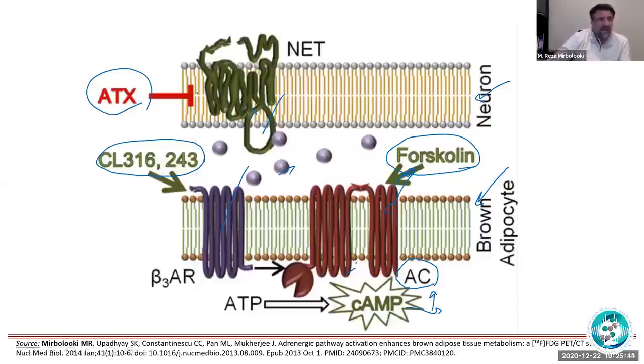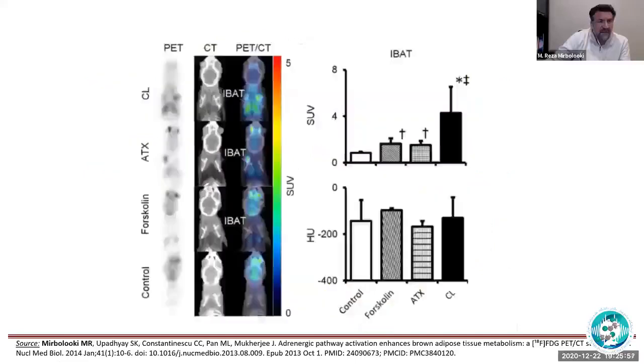And we did all these three in the next experiment in mice, because the previous data was on rats. So we thought, let's do all these three in mice and see if we get the same consistent result.